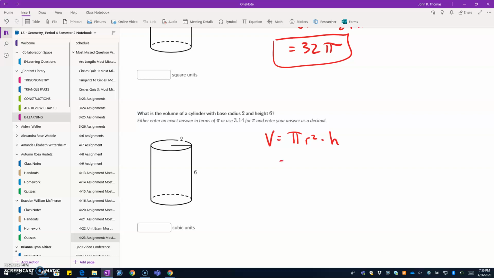If I plug in what I know, I've got pi times r, which is 2 squared, times h, which is 6. 2 squared is 4, 4 times 6 is 24, so we end up at 24 pi. This one would be units cubed because it is volume. That's the big difference between that last one and the first three: that last one is volume, and that's why we're using a different formula.